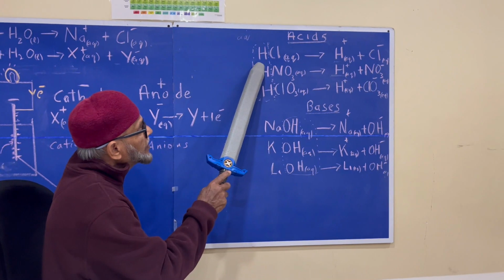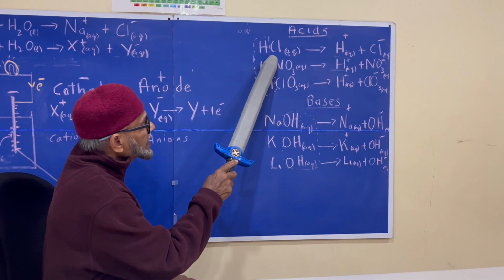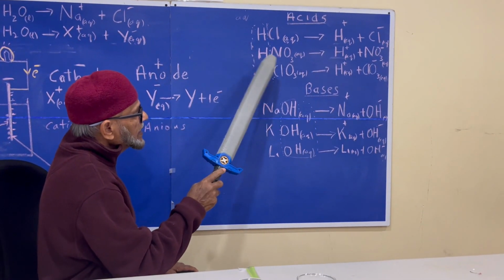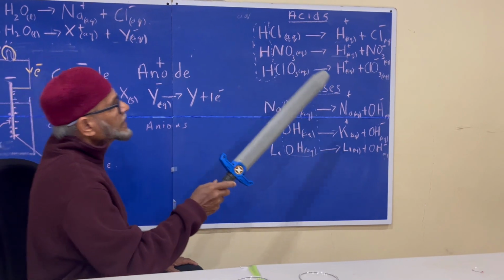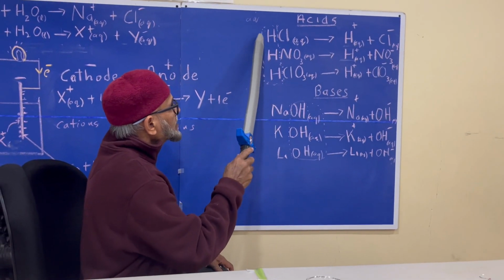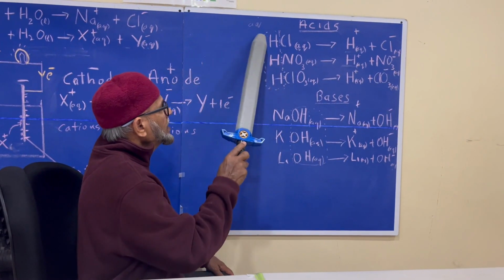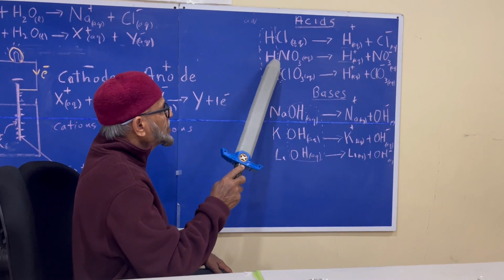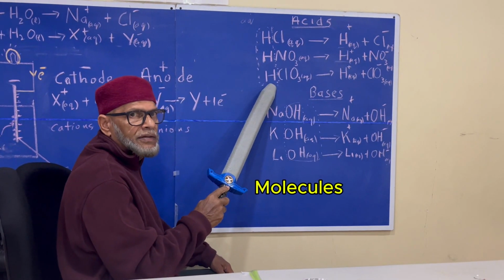When you look at the formulas here, hydrochloric acid, nitric acid, and chloric acid, he saw something that was common in all of these. He noticed that they all had hydrogen, the element hydrogen, in their molecule.